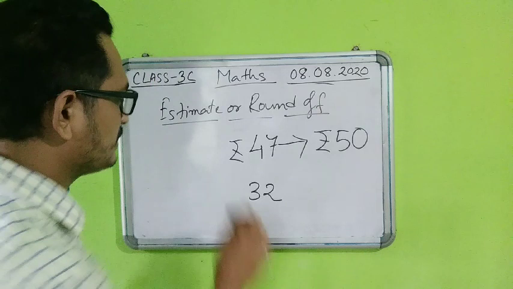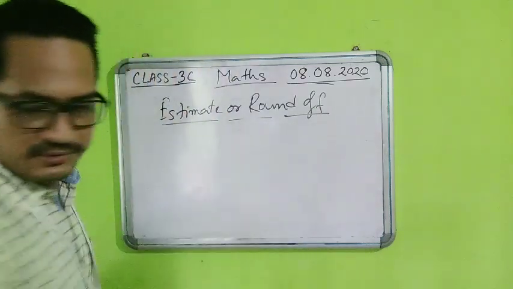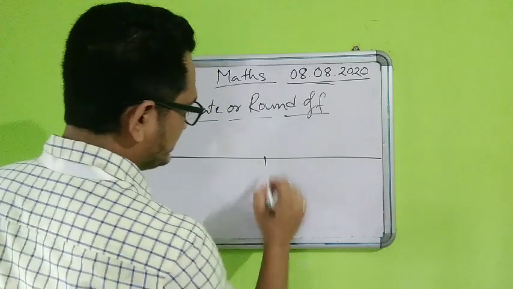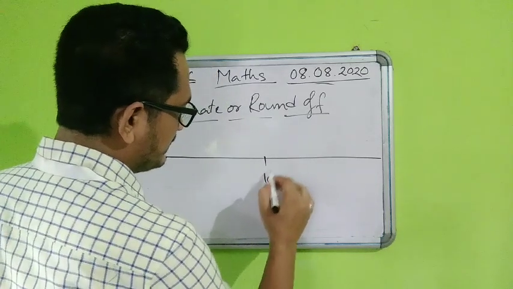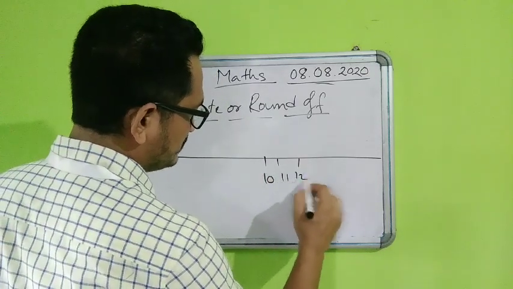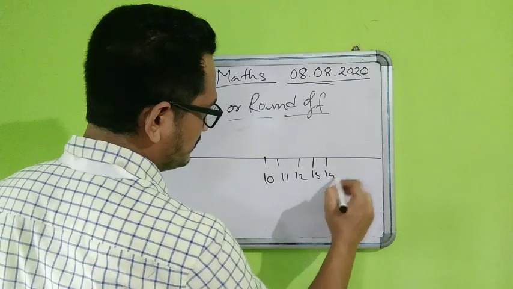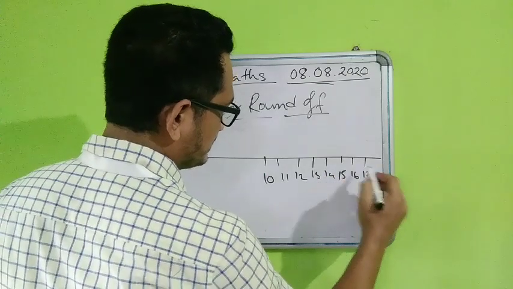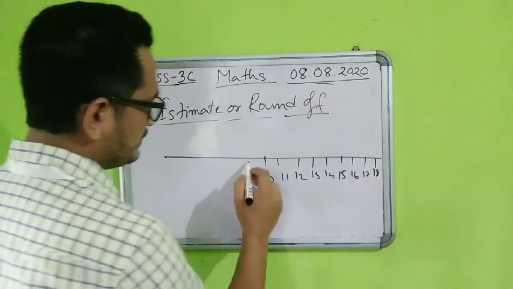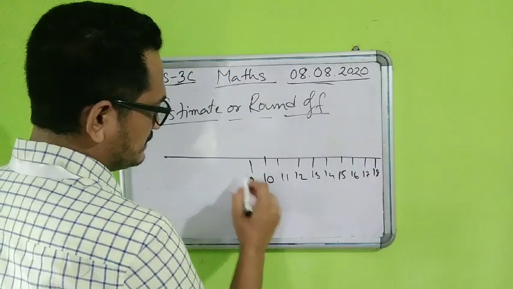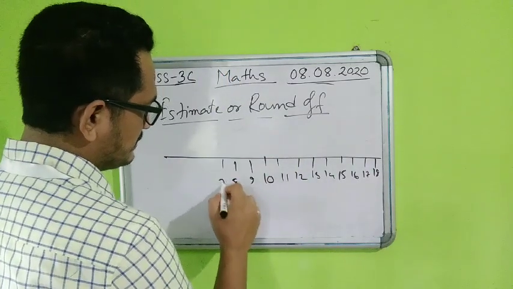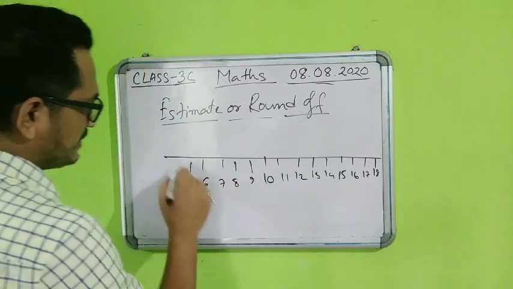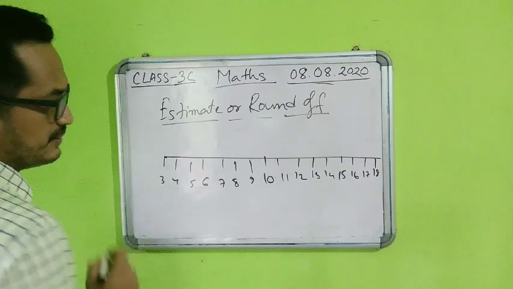Let us see. Suppose I am going to write a number line like this. Here it is 10, 11, 12, 13, 14, 15, 16, 17, 18, and this is 9, 8, 7, then 6, 5, 4, 3.